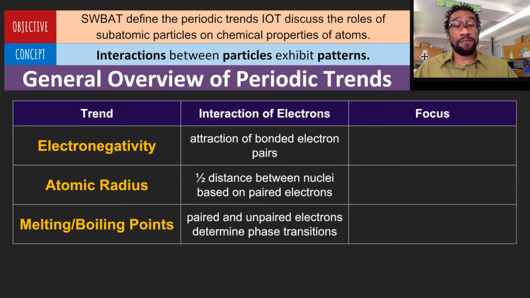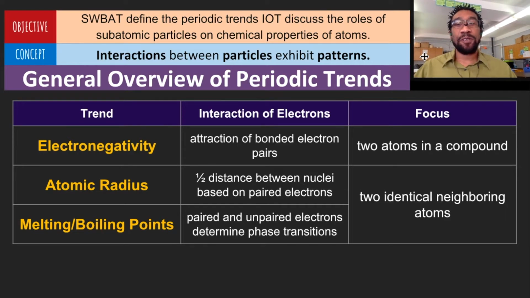Well, simple. The focus is not just on one atom, but two. When you're dealing with electronegativity, you're always going to speak with regards to two atoms within a compound, and these two atoms can either be the same or completely different. But when you're talking about the atomic radius, you must be talking about one type of atom, one element.